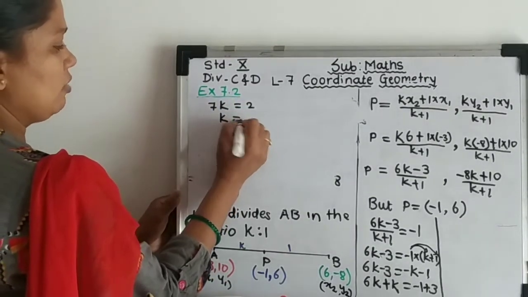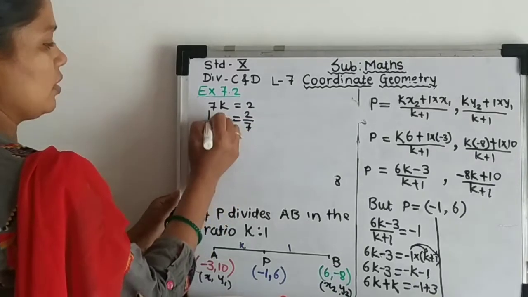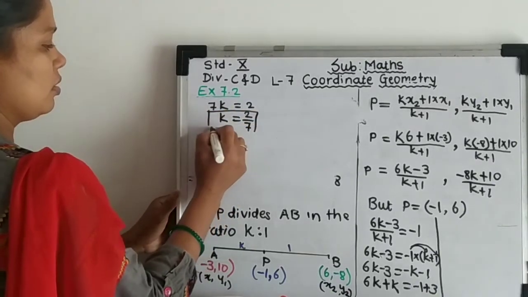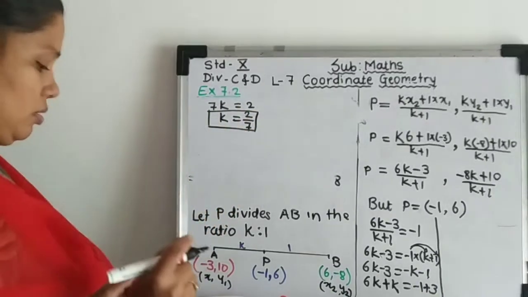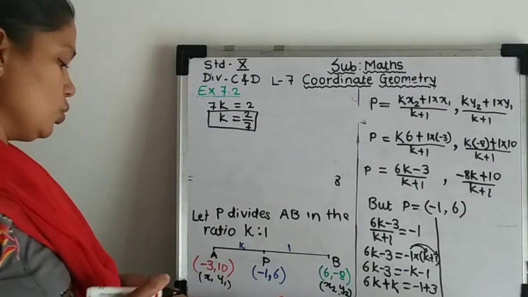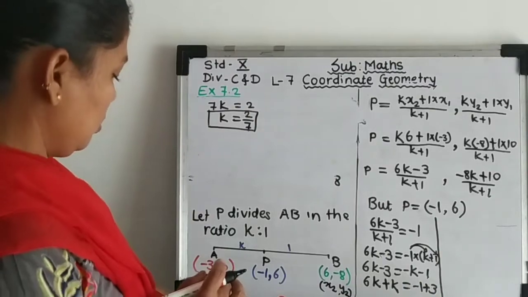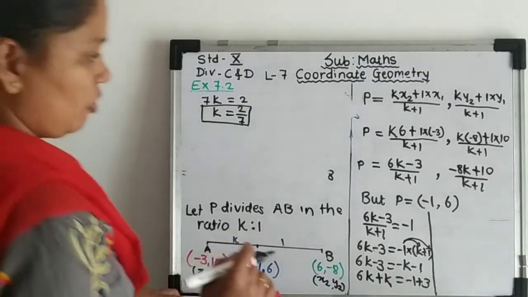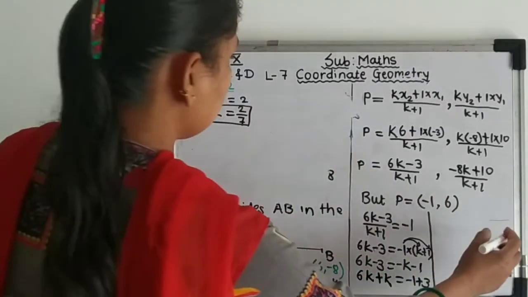So k equals to 2 by 7. Right? So we got here k is equal to 2 by 7.